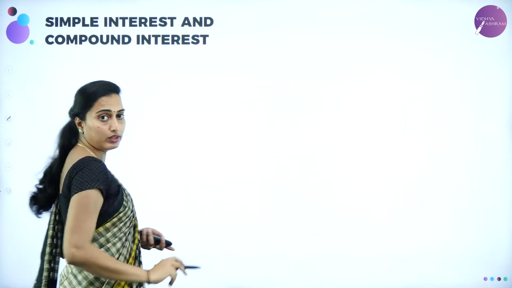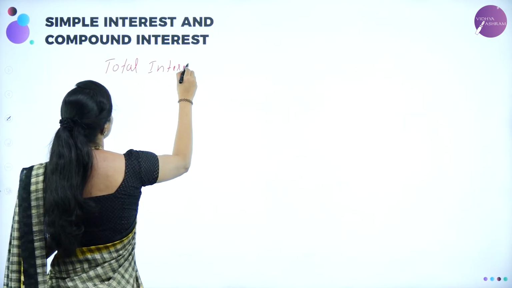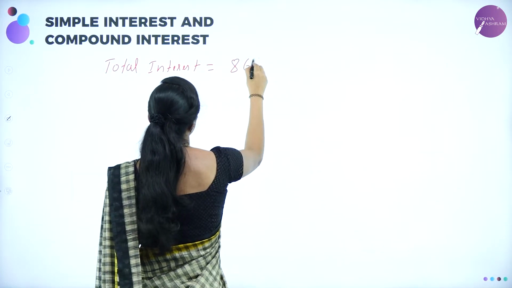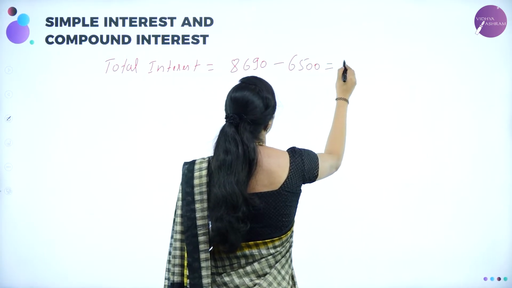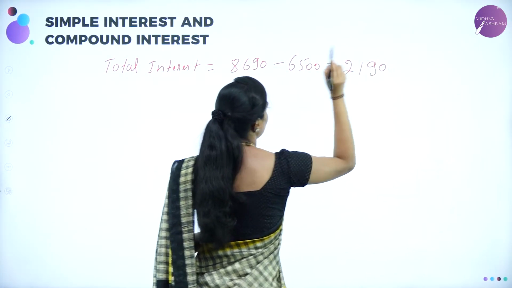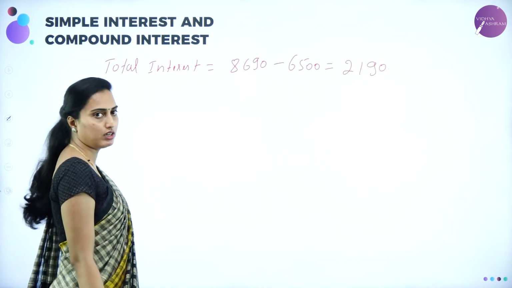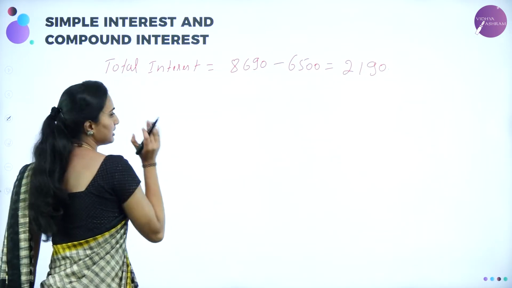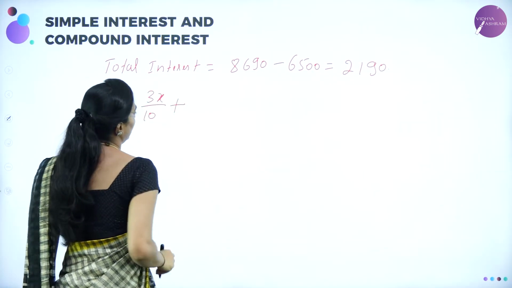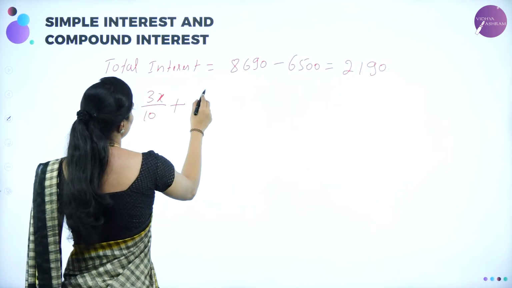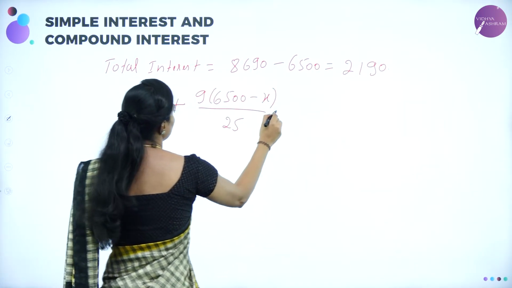So the total interest is equal to 8,690 minus 6,500, which is 2,190. So the total interest is SI1 plus SI2. What is SI1? 3x by 10 plus 9 into 6,500 minus X divided by 25 is equal to 2,190.